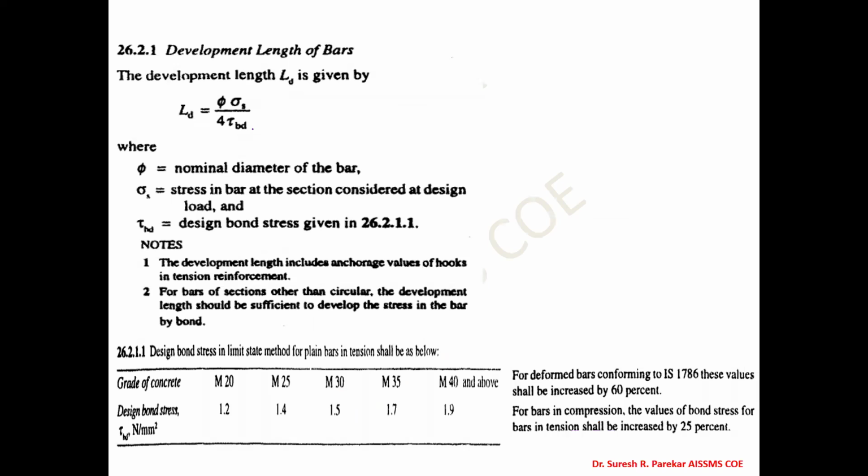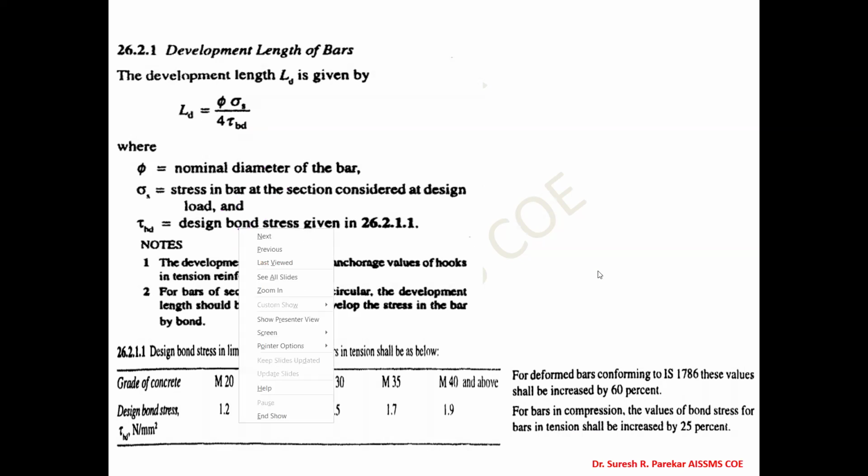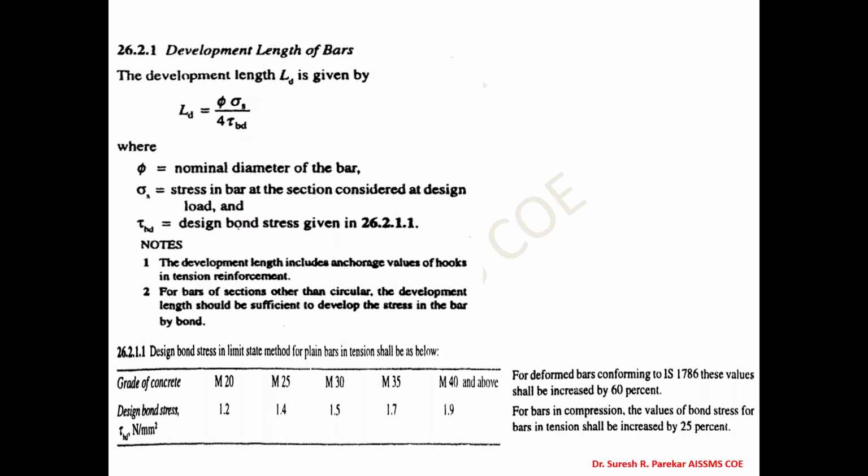Then development length, which we have taken in detail in one problem, that you have to see, how we consider these values of tau bd for tension and for compression, as mentioned here. We have to increase by 60% for Tor steel deformed bars, and then for compression by 25%.